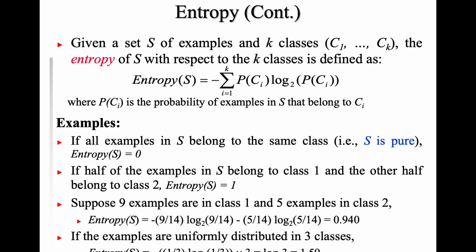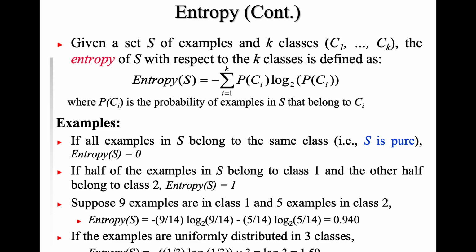Why? You can calculate it using the formula. I wrote it here, so we have entropy as minus sigma over our classes of the probability of our examples belonging to that class, multiplied by the log of PCI.